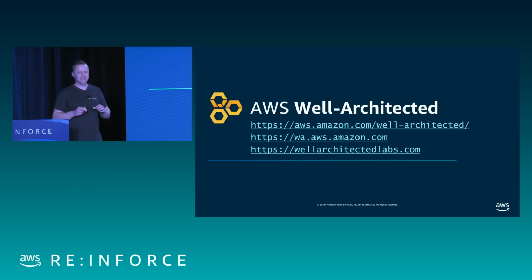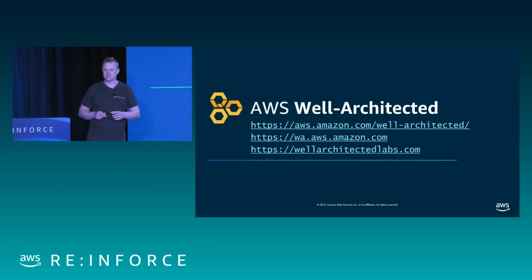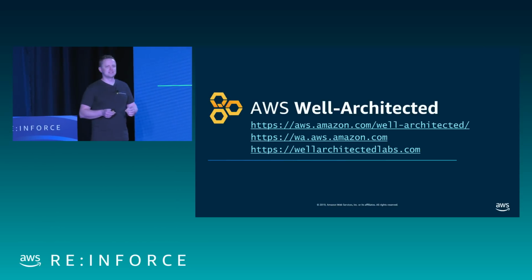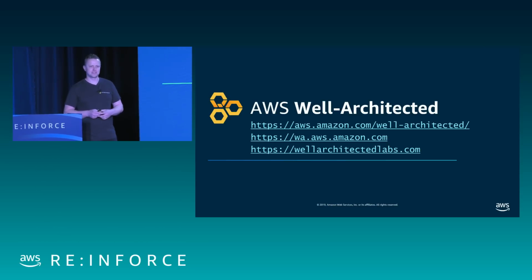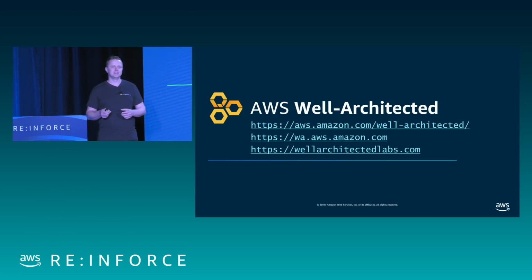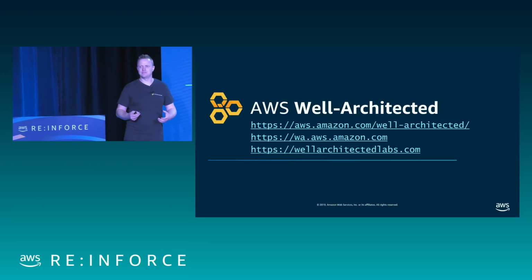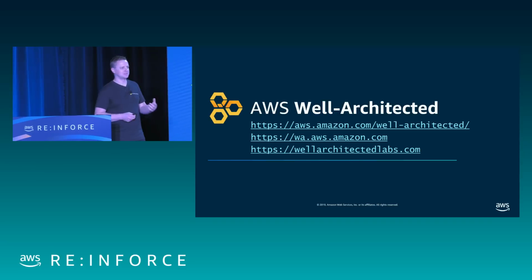So the 3 key links that you need to know for today in this session, you're welcome to take a photo, is the first link is the main homepage for well-architected framework. The second is a web version of all the white papers, and they're frequently updated with little tweaks and updates over time.